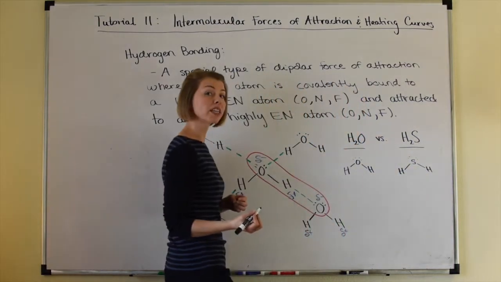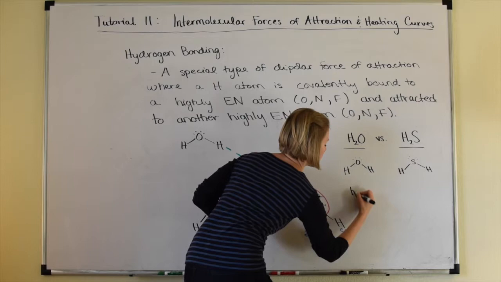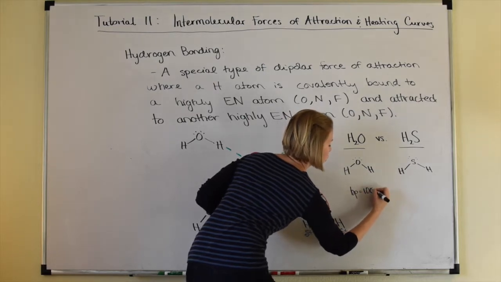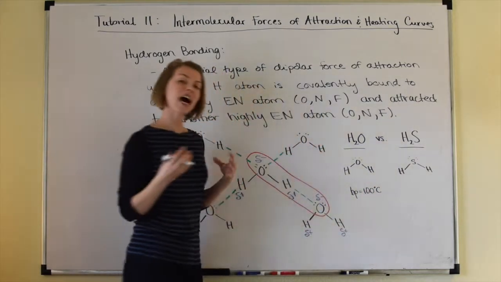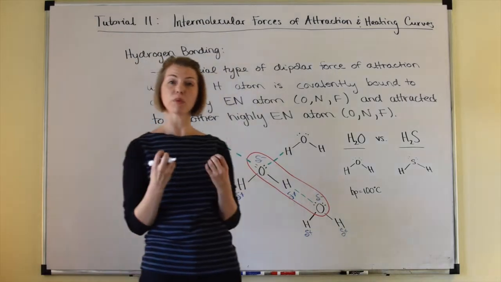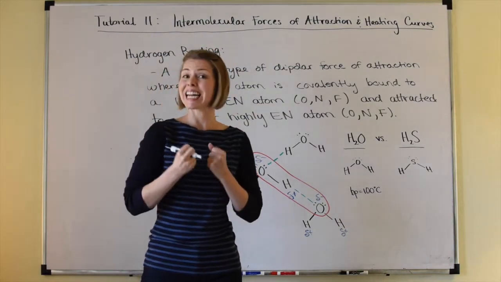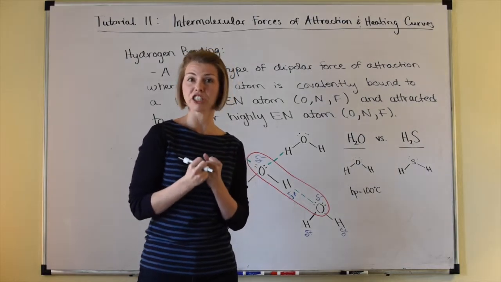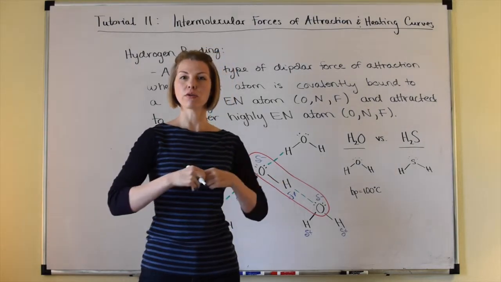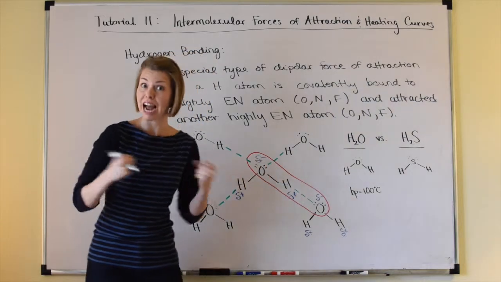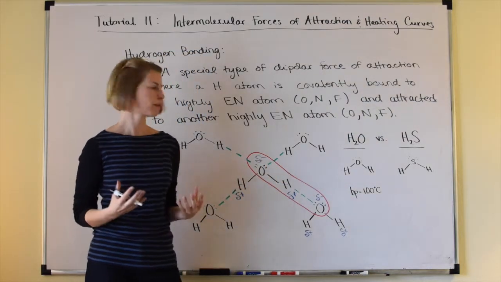But the boiling point of water is 100 degrees Celsius. And that's due to the fact that those hydrogen bonds are a very significant intermolecular force of attraction, and it takes an awful lot of heat energy to start breaking those intermolecular forces of attraction, those hydrogen bonds, apart.